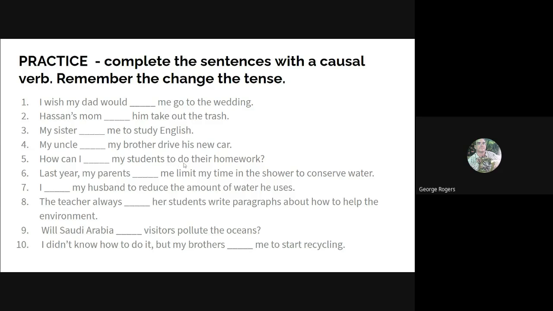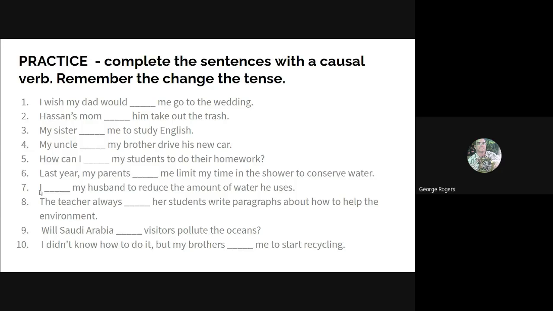That's an indicator. Okay? This one, last year, puts us in the past. Last year, my parents blanked me, limit my time in the shower to conserve water. To save water is what conserve means. Limit is the base verb, no to in front of it.